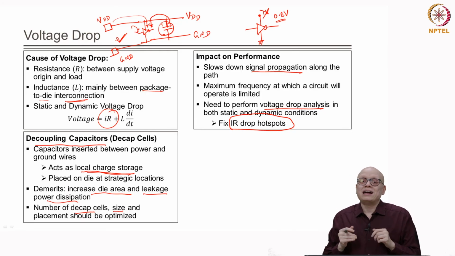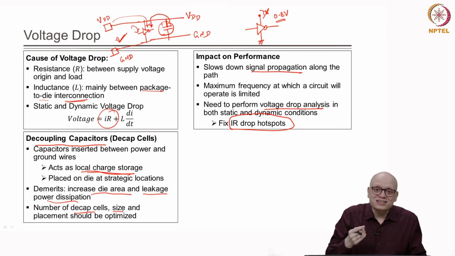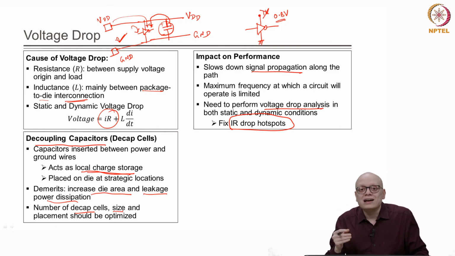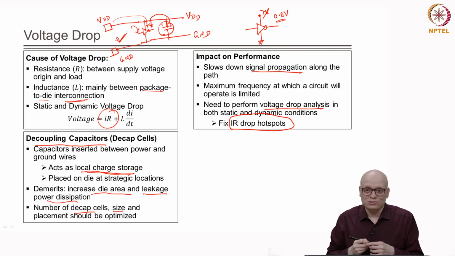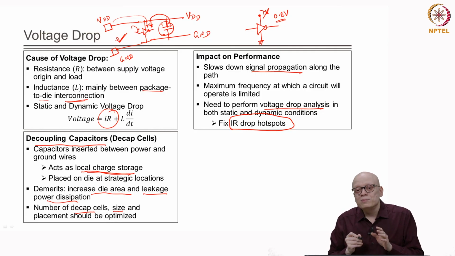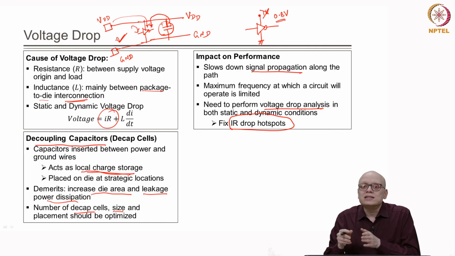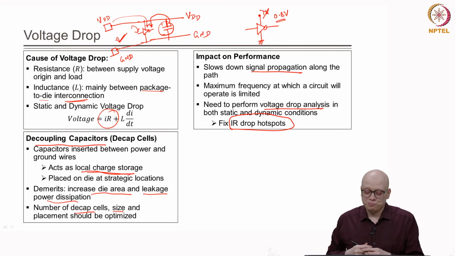So, even at the architectural or system level, we can fix the IR drop problem. We will see how in clock tree synthesis, by adding clock skew, we can solve the IR drop problem also. So, the IR drop problem can be tackled at different stages in the VLSI design.